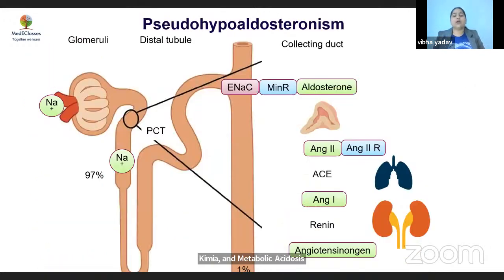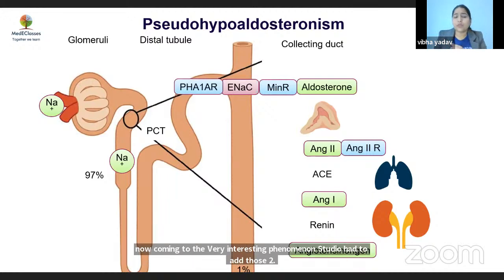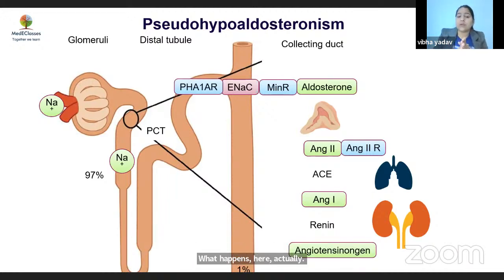So now coming to the very interesting phenomenon of pseudohypoaldosteronism. What happens here actually? There could be a problem in the ENaC channel, which is the epithelial sodium channel, or in the mineralocorticoid receptor. As sir has already described, the mineralocorticoid receptor is required to push the ENaC channel to the membrane.